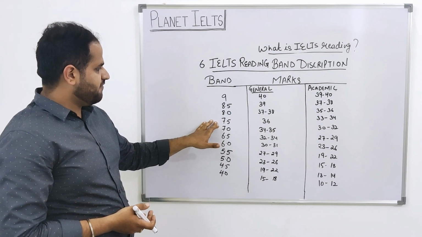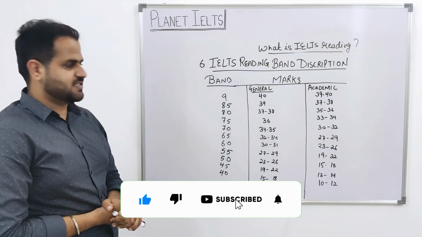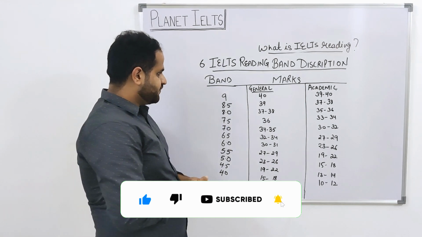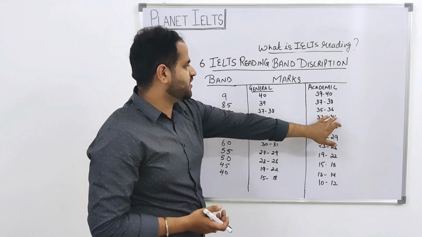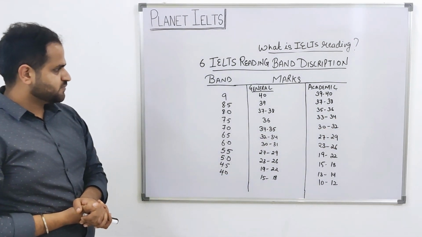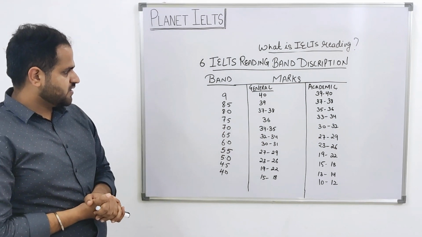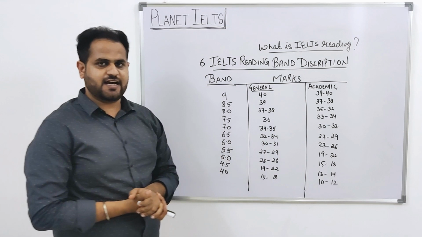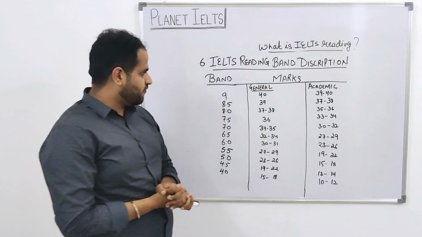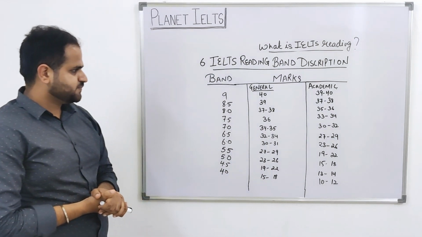For 7.5 band, in general, you need 36 correct answers. However, in academic, you just need 33 to 34 correct answers. In terms of 7 bands, for general, you need 34 to 35 correct answers, and in terms of academic, you need 30 to 32 correct answers.